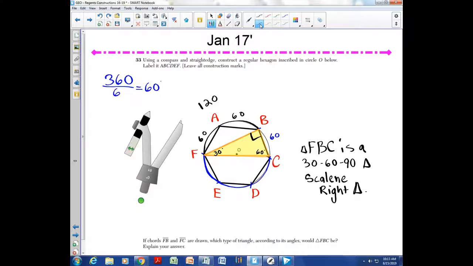That angle BFC is equal to 1/2 of arc BC, which would make it equal to 30 degrees. That angle BCF is equal to 1/2 of arc FAB, which would make it equal to 60 degrees.